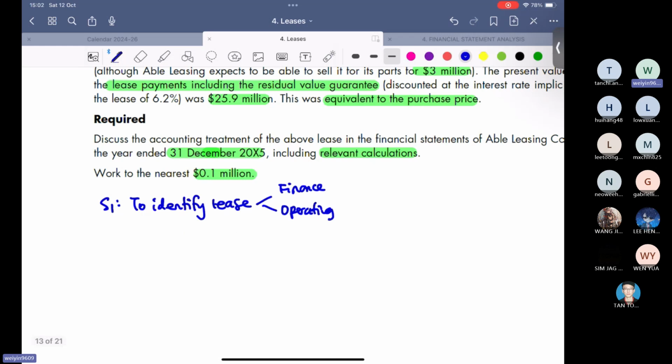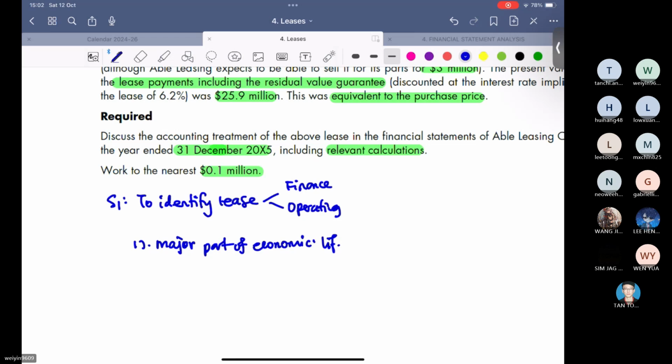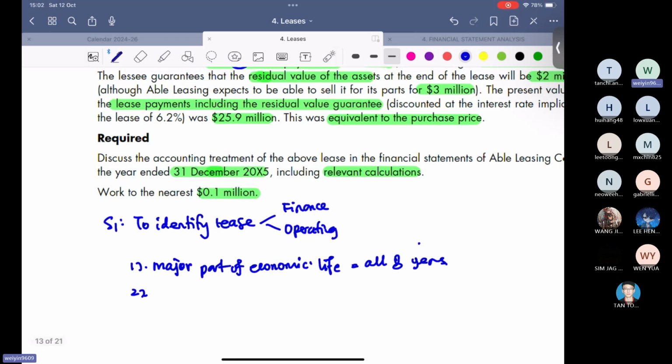So we can say that number 1, major part of economic life, all 8 years. Number 2, it says that the PV of your lease payment is equivalent to your purchase price.